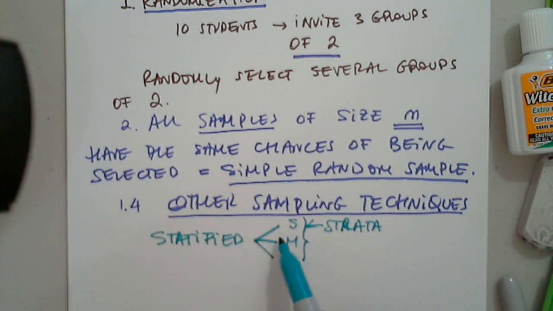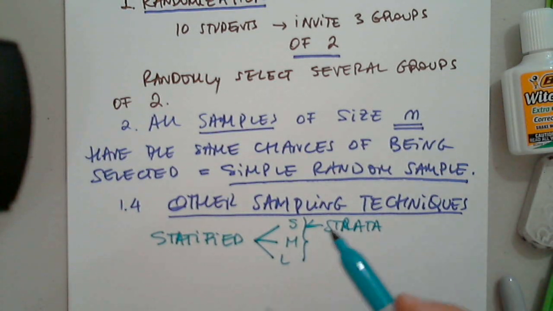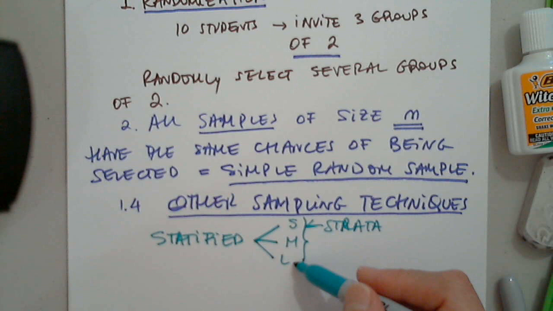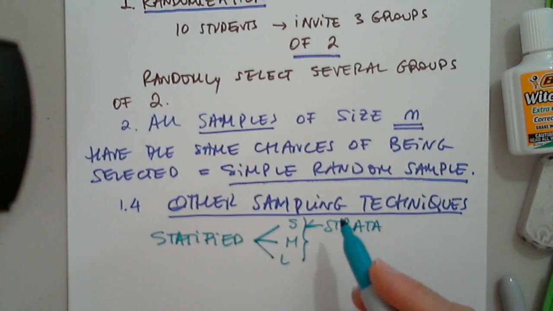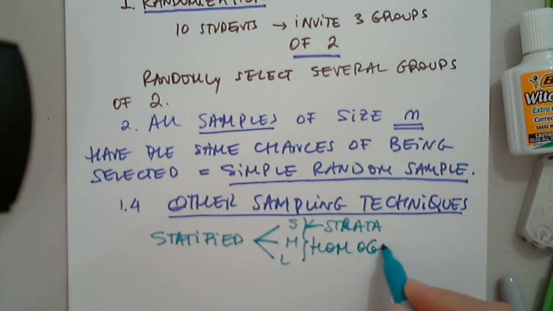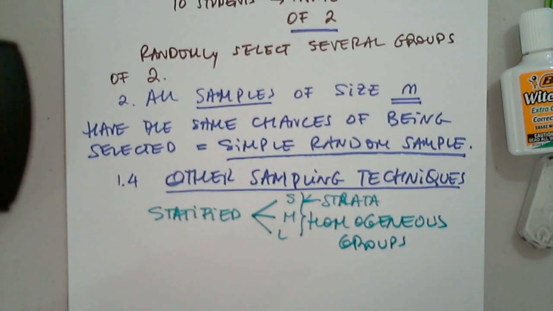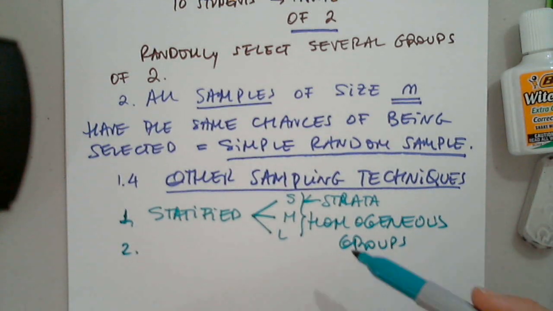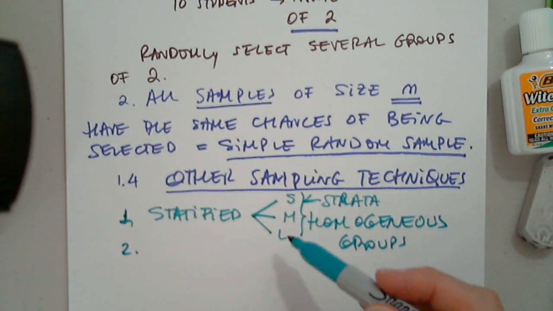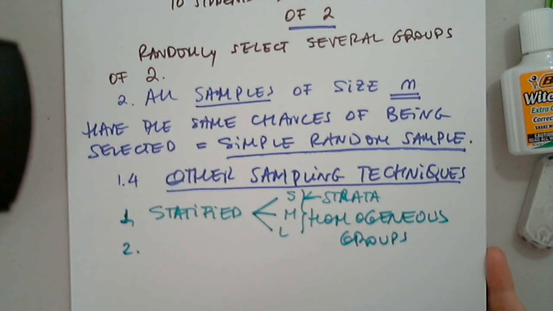So we're separating into homogeneous groups. A person who is here cannot be here. So that's one way in which we can create an acceptable sample to study from each category.